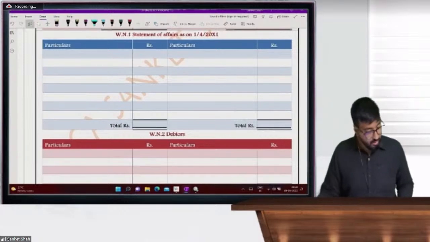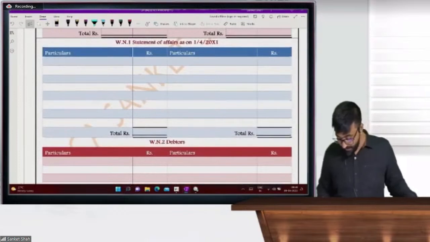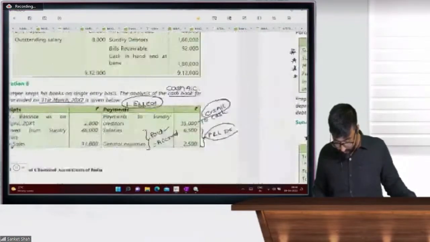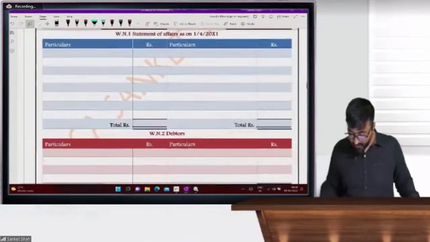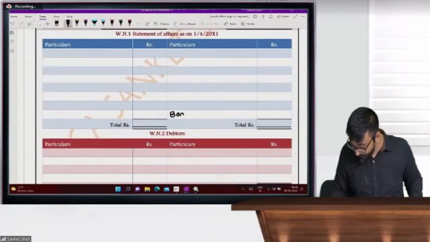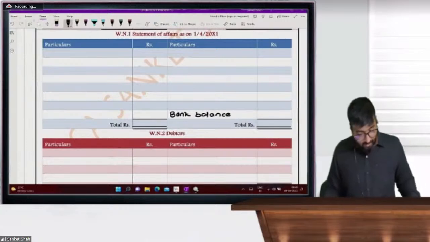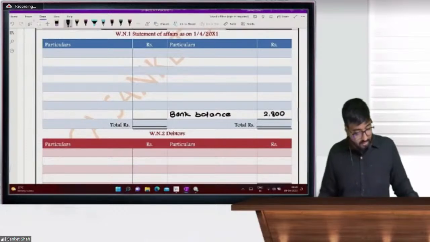Let's start, beta. Tell me first, line by line. Posting, where to write, beta? First one: opening balance sheet, statement of affairs. On the last line before the total, you can write here. You can see where I am writing the bank balance, 2,800.